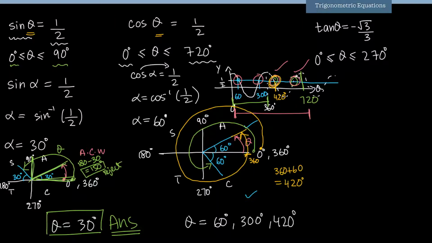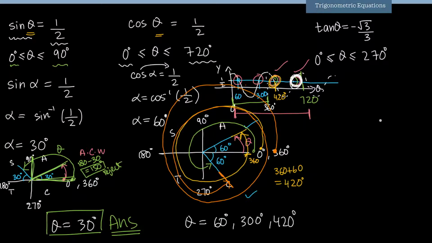Now to calculate this fourth angle, I will again start from 0 degrees and go past this 360 degrees and go past the second line because I've already found the angle up to this line. So I'm going to go up to this next line over here, this line. So what is going to be this orange angle?